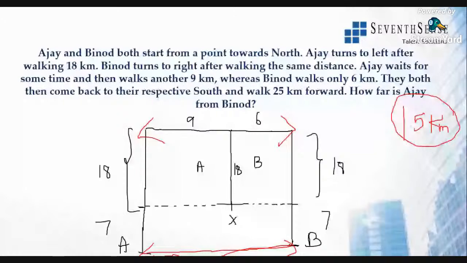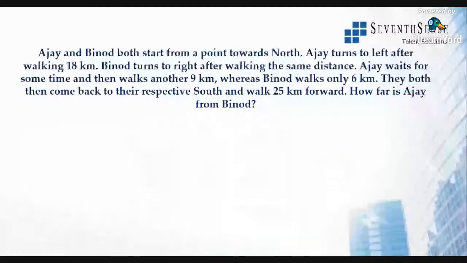All right. I'll just draw a little shorter so that you can understand that. So the answer is 15 kilometers, which is true, correct? So I'll just draw, there is a point X. Both travel towards north. That is, he travels towards west. That is, he travels 9 kilometers. And he travels 25 towards south.